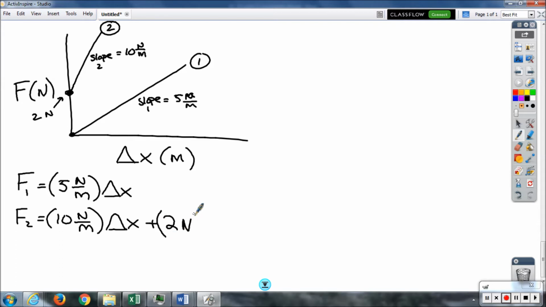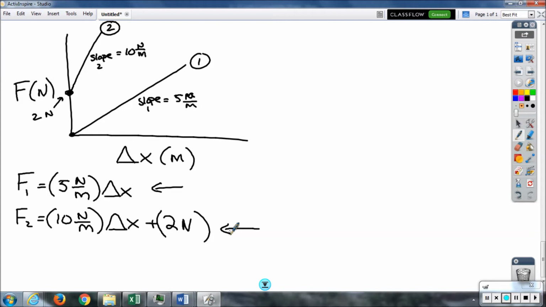So what do these equations tell us about these springs? For spring 1, we know that because it doesn't have an intercept, that means that any force that you apply on the spring will immediately begin to stretch the spring. Whereas in spring 2, because it has an intercept of 2 newtons, that means that you have to apply at least a 2 Newton force on the spring to begin with so that it can begin to stretch.